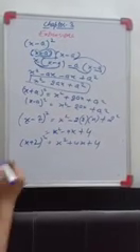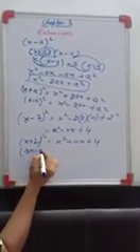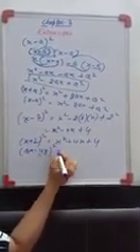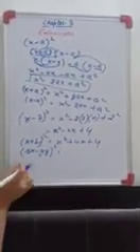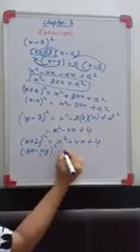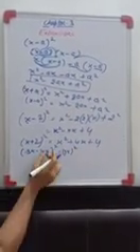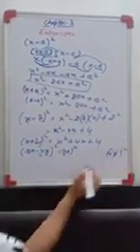For example, another I am taking (3x minus 4y) square. So what will it be? First step is what? Square of the first term. So (3x) whole square. Second, square of the second term, (4y) whole square.